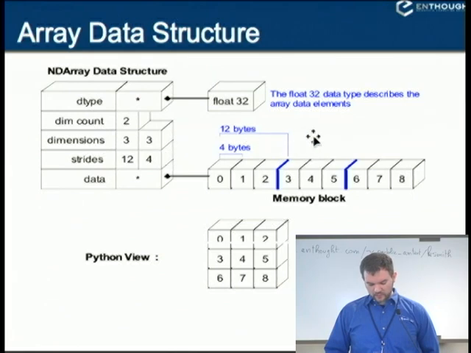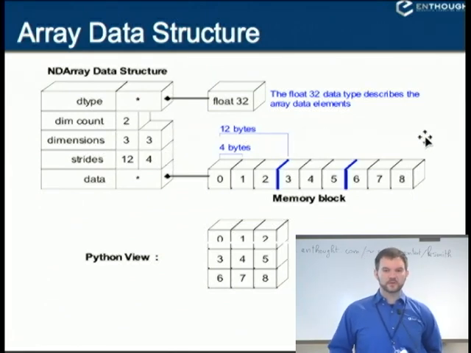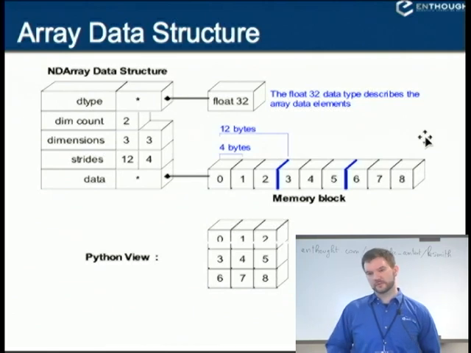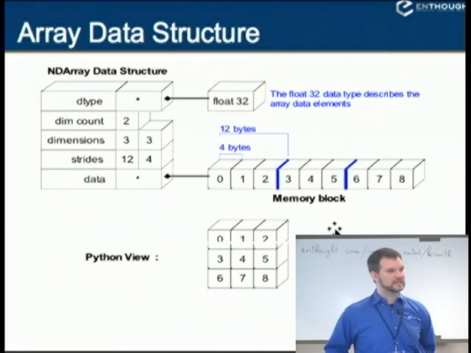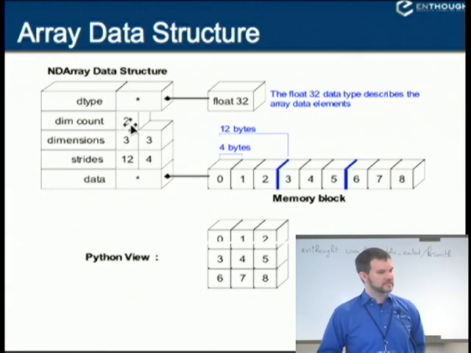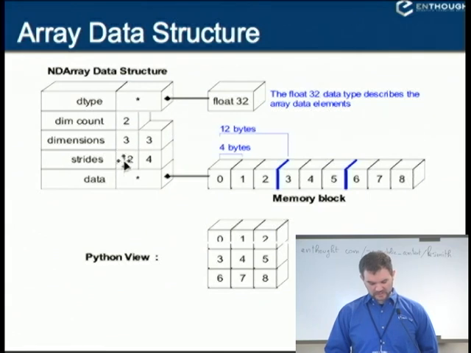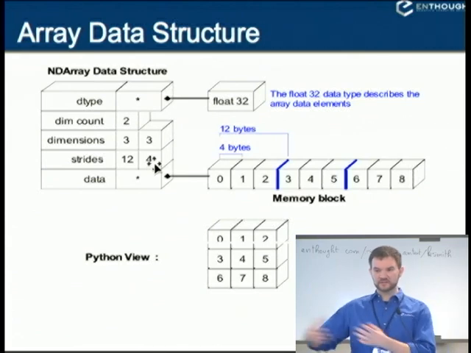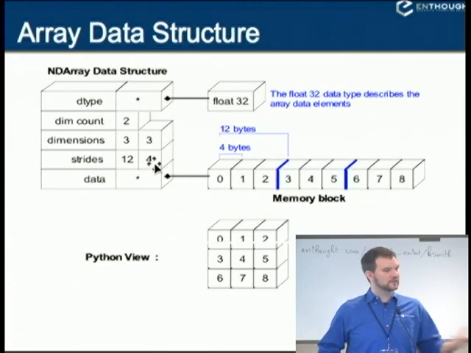One really nice thing about this is if you want to do a transpose of this array, what NumPy does when you do array.T is it doesn't change the memory at all. This data is completely untouched. All that happens is it updates this metadata. The dtype stays the same, dim count stays the same. It changes around dimensions and strides so that it now iterates through this thing in transpose order rather than the original order.